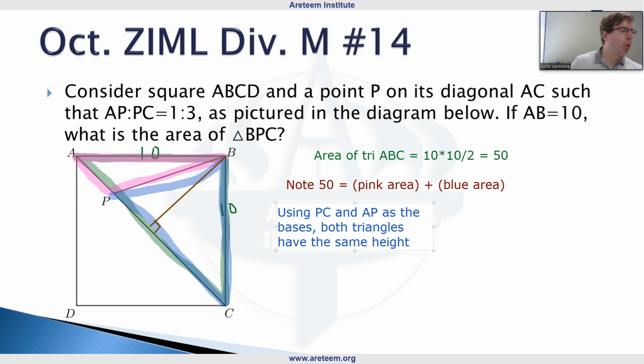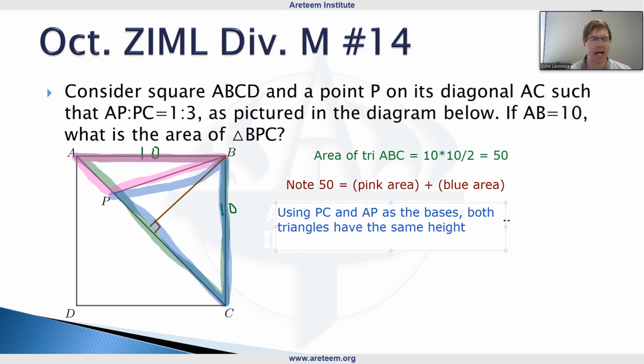Both of these triangles have the same height in that case. They share this height that I just drew right there. So what does that tell us if you only change the base? I like thinking about this as stretching and shrinking stuff.